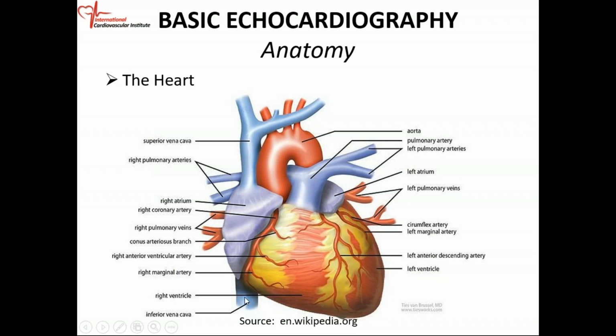It drains into the inferior vena cava. So this big blood vessel coming up here is the inferior vena cava, and the inferior vena cava drains into the right atrium. This big blood vessel here, which gets blood from the head and neck, is the superior vena cava, and it drains into the right atrium.